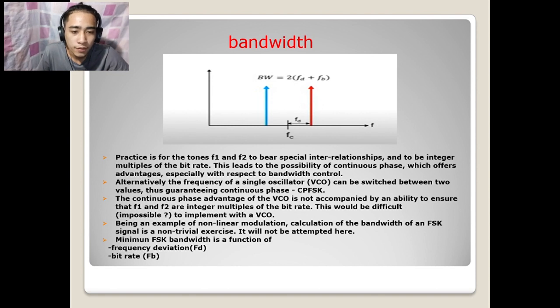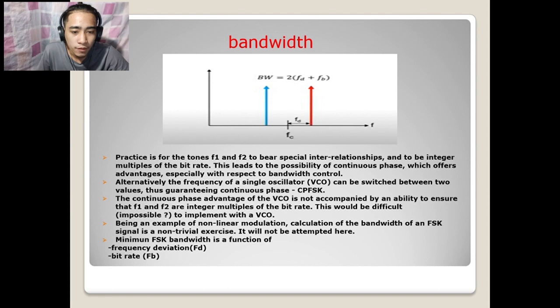Alternatively, the frequency of a single oscillator, a VCO, can be switched between two values, thus guaranteeing continuous phase, CP-FSK. The continuous phase advantage of the VCO is not accompanied by an ability to ensure that F1 and F2 are integer multiples of the bit rate. This would be difficult, impossible to implement with a VCO.